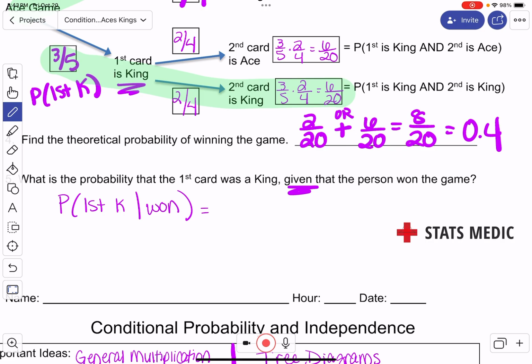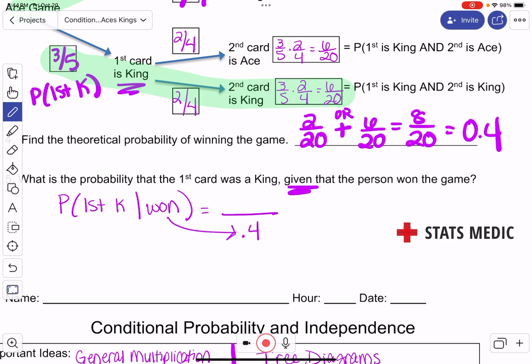It's getting smaller, because remember, the smaller that bottom number, our denominator, is, the bigger our probabilities will be. We're given information, we know something. So the probability that we won, we just found that out. That was our 0.4.